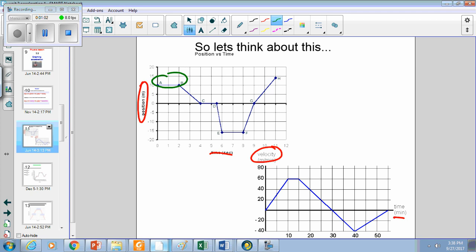Our constant velocity of 0, our position hasn't changed. Here, we have a constant velocity, but our position is changing. So that's going toward the negative, that's going toward the positive. So this was the second chapter that we were doing.